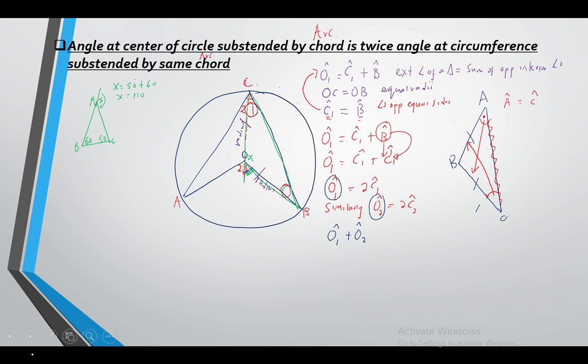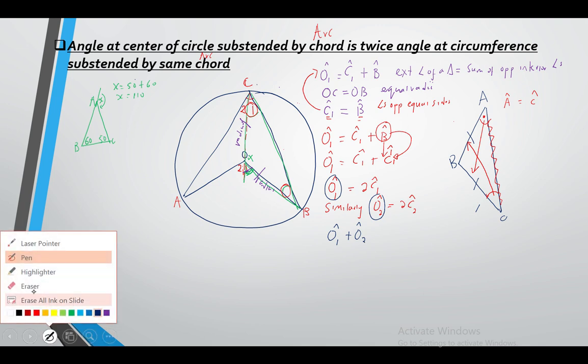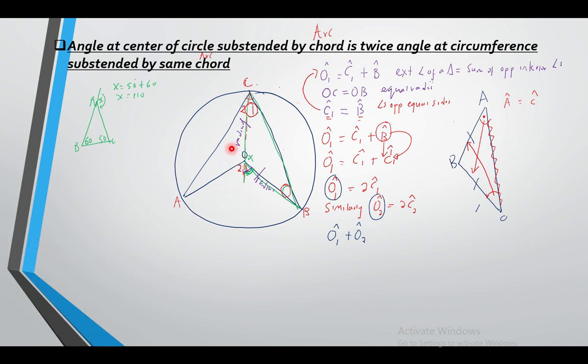Because if we go to our diagram, O1 and O2 make the angle at the center. And remember, we want to prove that the angle at the center is twice the angle at the circumference. So I add O1 and O2, which is my angle at the center.